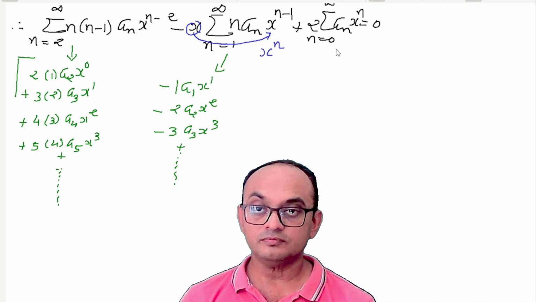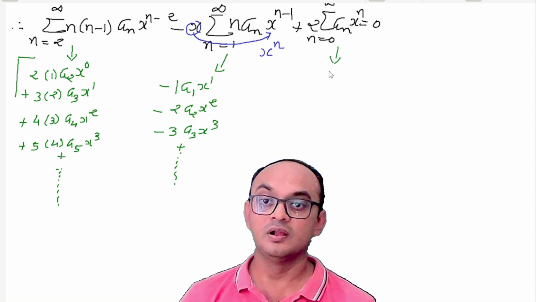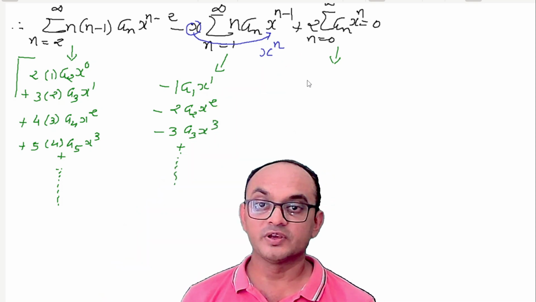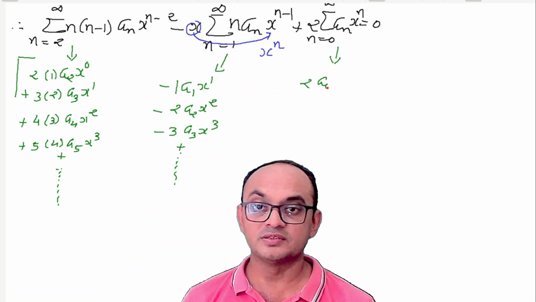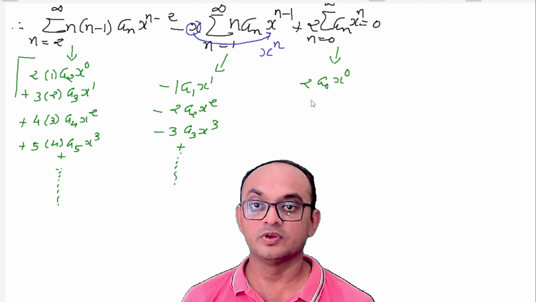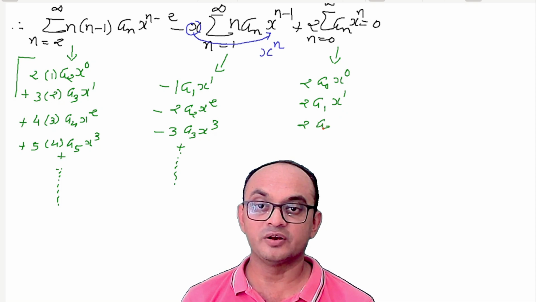middle term. This is what? When n is equal to 0, this is 2 times a0 x raised to 0. When n is equal to 1, this is 2 times a1 x raised to 1, 2 times a2 x square and so on.